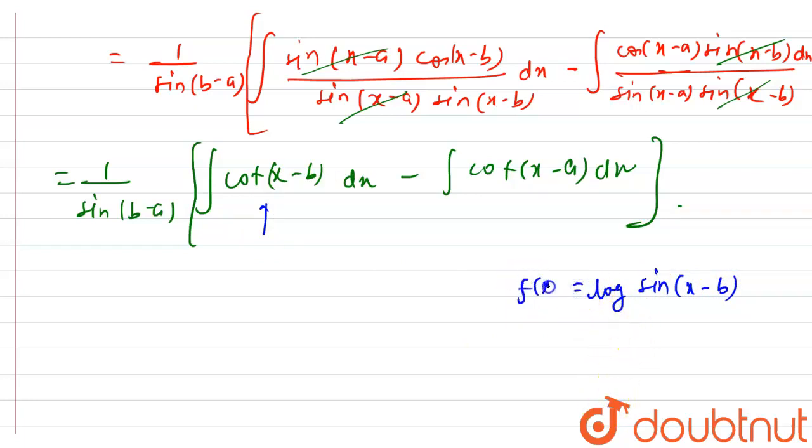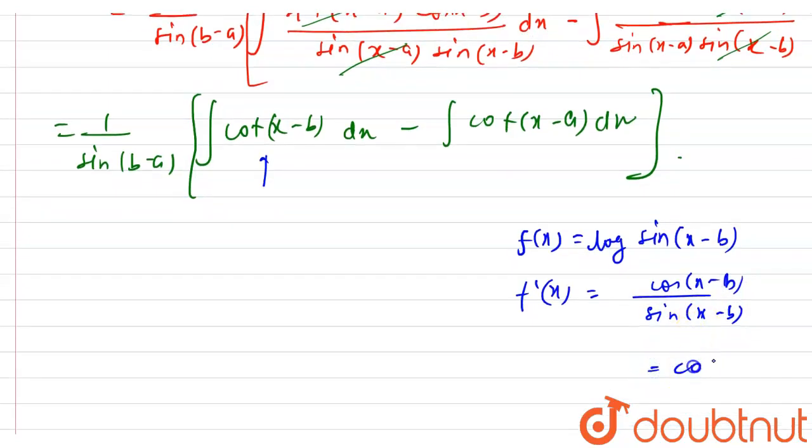Because if I assume that f(x) is this, then on differentiating both sides, it will be sin(x − b), and the differentiation of this will become cos(x − b), and this is nothing but my cot(x − b). Okay, understood? So cot(x − b) is the differentiation of log sin(x − b).